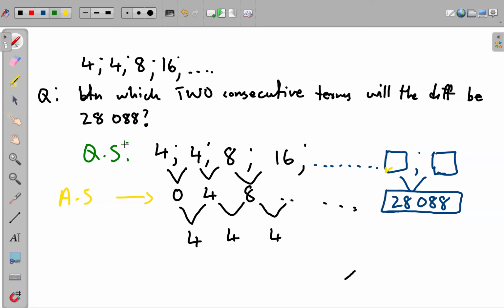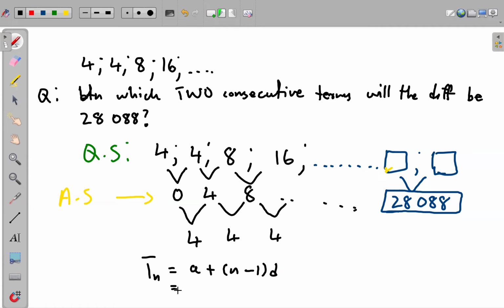So what we're going to do, how we're going to box it is, we're going to find the general term for the arithmetic sequence. And we know by now, yesterday we found this lovely formula, that for any arithmetic sequence, the general term can be found by using this formula. Tn is a plus n minus 1 d.